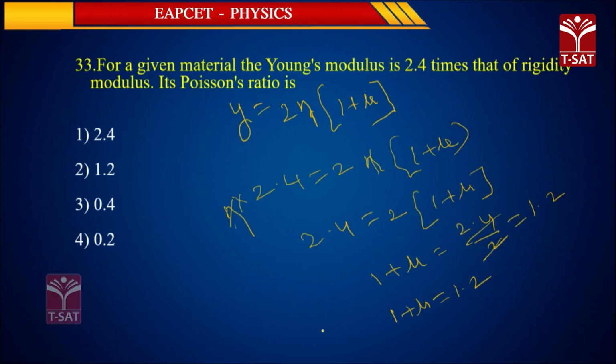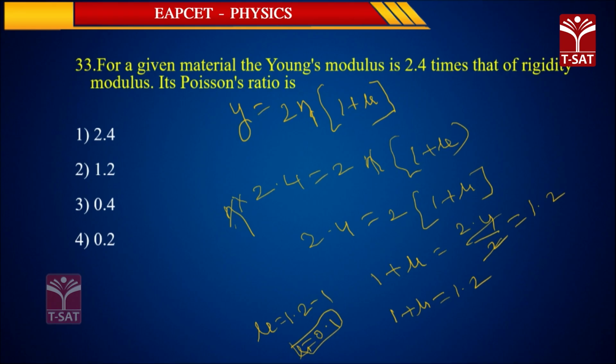Therefore, mu is equal to 1.2 minus 1, which equals 0.2. Here mu is equal to 0.2. Young's modulus is substituted: eta into 2.4 is equal to 2 eta into 1 plus mu.